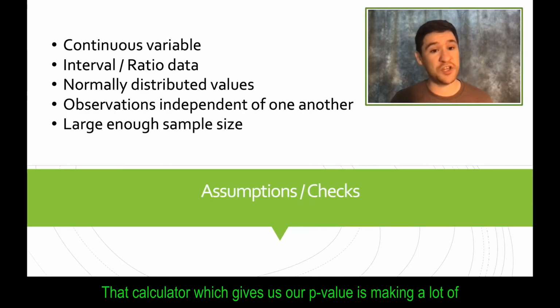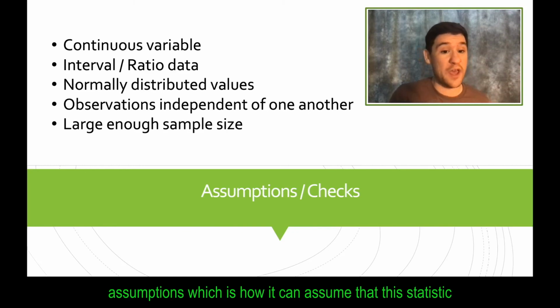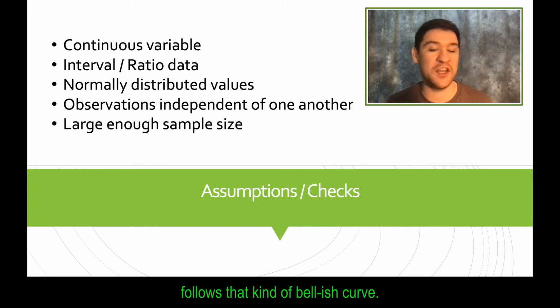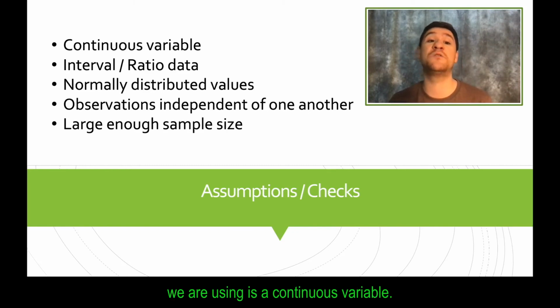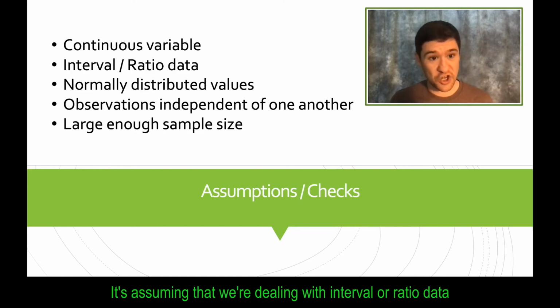That calculator, which gives us our p-value, is making a lot of assumptions, which is how it can assume that this statistic follows that kind of bell-ish curve. What are those assumptions? Well, it's assuming that the variable we are using is a continuous variable. It's assuming that we are dealing with interval or ratio data.